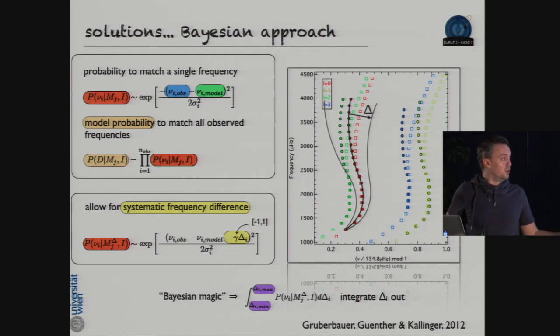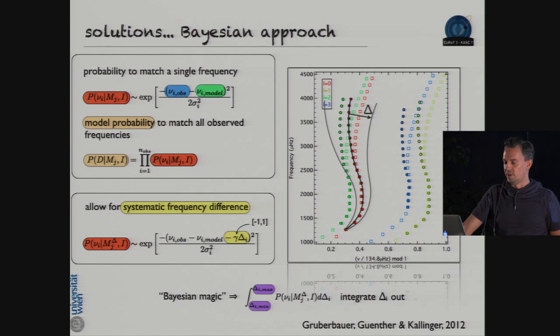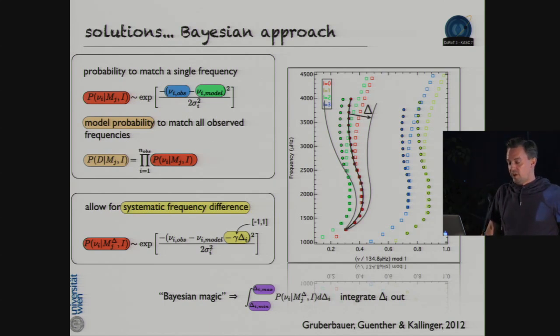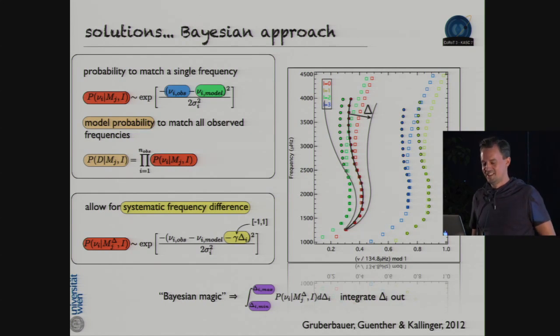Okay, but we don't know how big the surface effect is for a given star. But as I told you in the beginning, thanks to Bayesian magic, we can get rid of parameters we don't want. So simply by integrating the probabilities between some boundaries, very widely set boundaries. That might sound a bit strange, but it actually works.